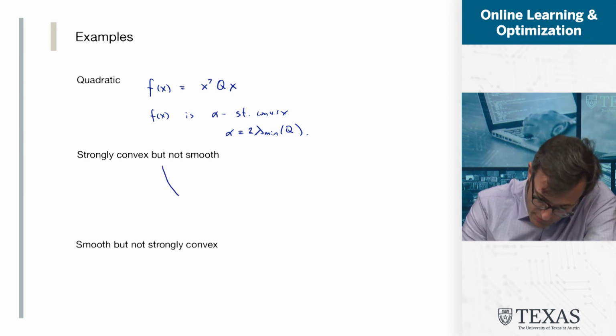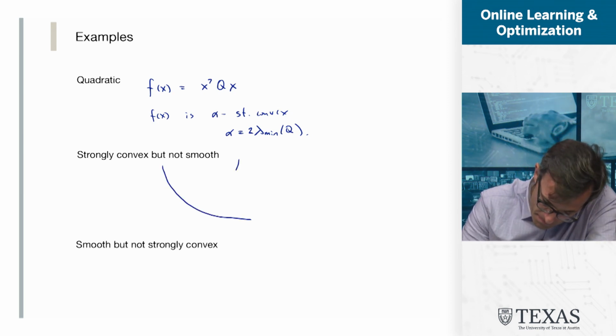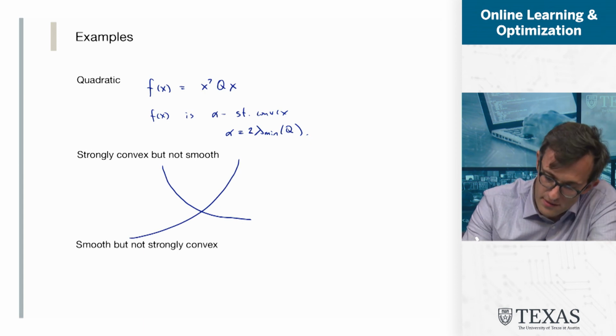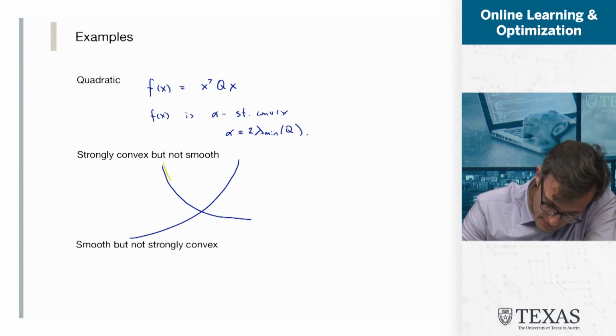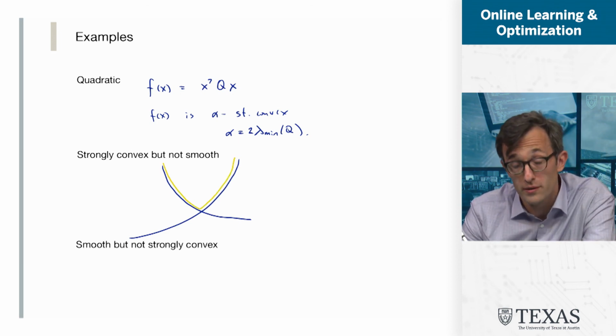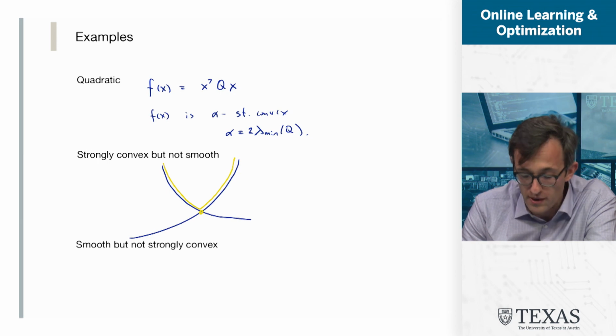For example, if you take the maximum of two quadratics, that function is this, and you can check that it is strongly convex, but it's not smooth because of this point.